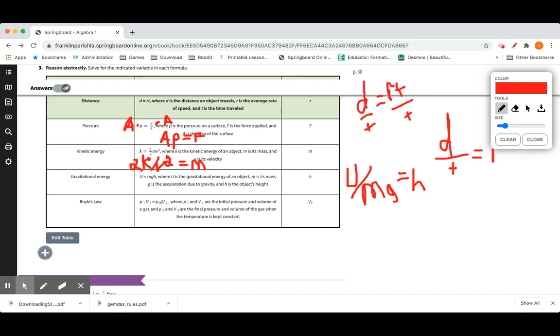So all I have to do is get rid of P2 multiplied times V2, which is the opposite, will divide. So P1 V1 divided by P2 will give us our final volume.